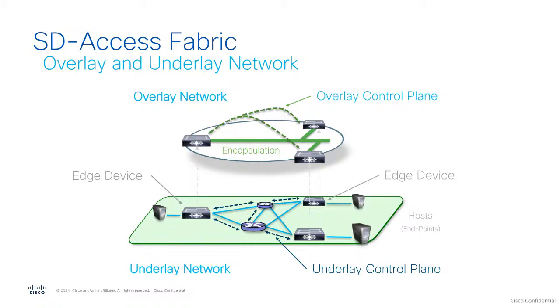Underlay network is the actual physical network devices and your connectivity. So underlay network leverages the underlay control plane to learn the reachability information of edge devices, and based off of this learning, an end-to-end overlay tunnel is established between the loopbacks of these different edge devices.